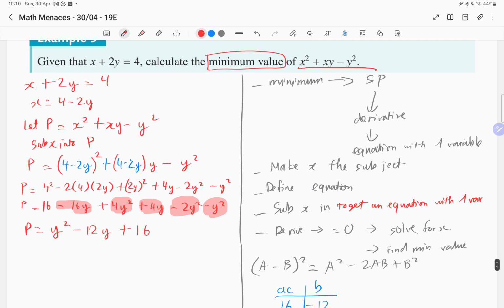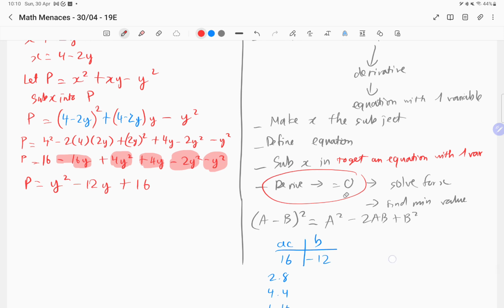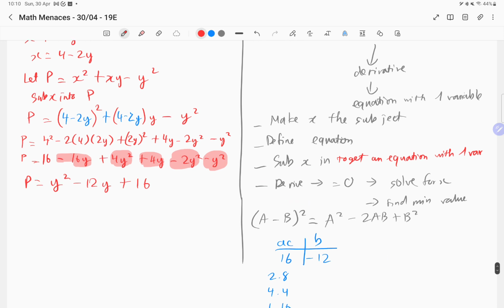Normally the reaction to factorize it is good if you need to sketch it, but in this case we're finding the minimum value. So let's have a look at the plan again. You derive it and then you set it equal to 0. Alright, we're not setting p equal to 0. You have to derive it first because we're trying to solve for y to find the minimum value. You're finding p dash, yes, p dash basically.